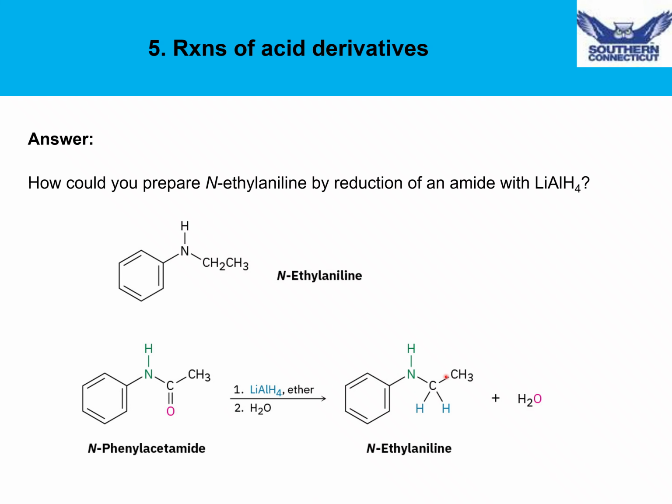So if we're trying to make this amine, we want to think backwards of which amide we would use. We would need to put the carbonyl to the right or the left of the nitrogen. And so since there's no possible way we could add a carbonyl here, the only possible place would be on the right side of the nitrogen. So this would have to be the amide we would need to use in order to make N-ethyl aniline.